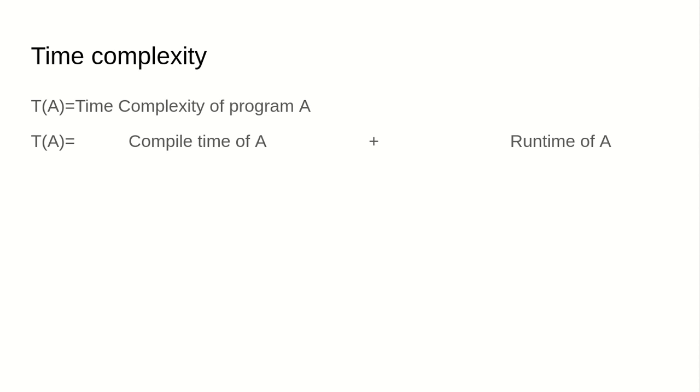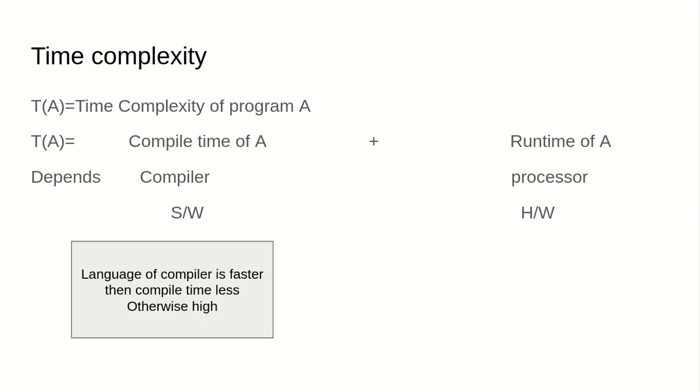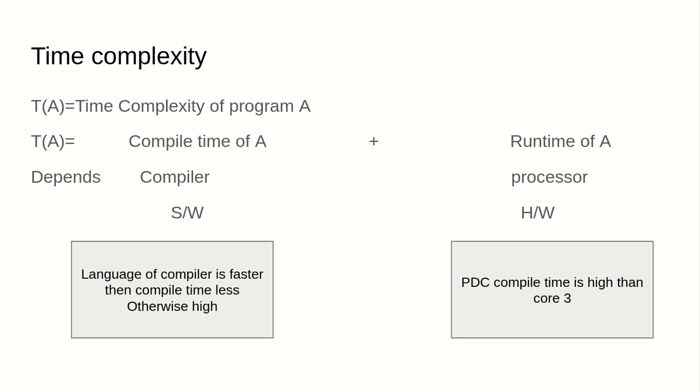Actually, if we see, the Pentium dual core PDC is slower than core i3. PDC has only 3 MB of cache.